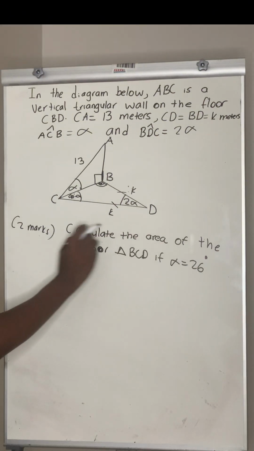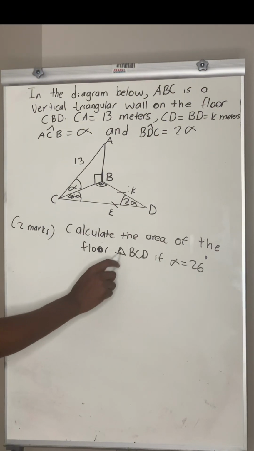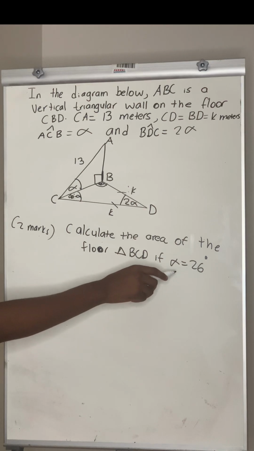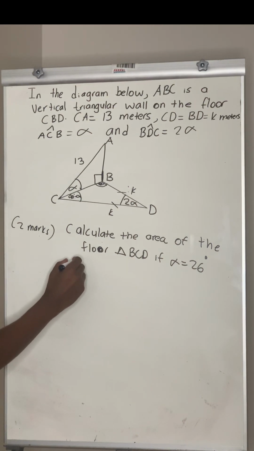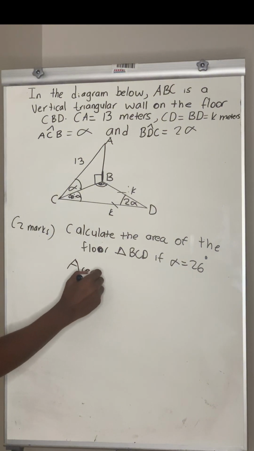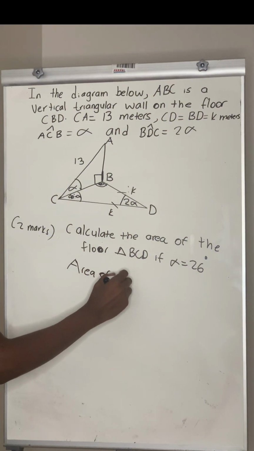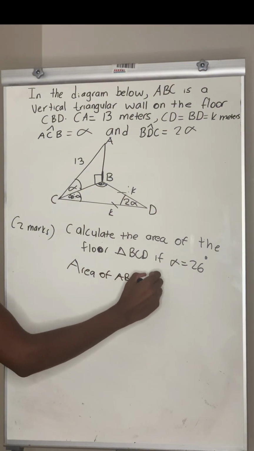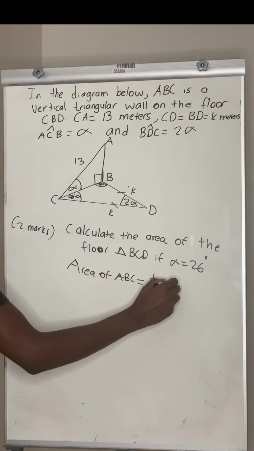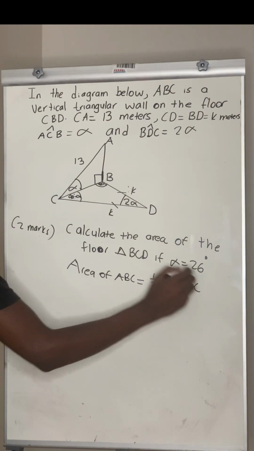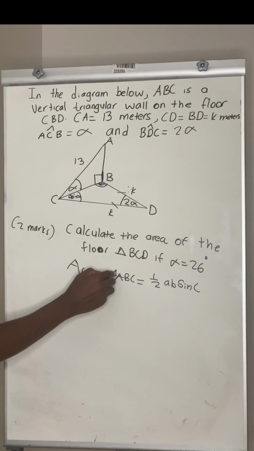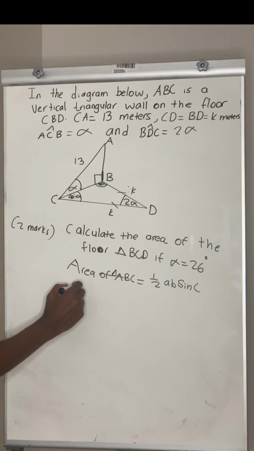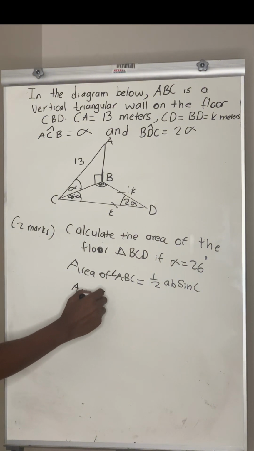So we're now asked to calculate the area of the floor triangle BCD if alpha is equal to 26 degrees. The area of a triangle which is not a right-angled triangle is equal to half ab sine C. But in this case, we don't have triangle ABC, we have triangle BCD.